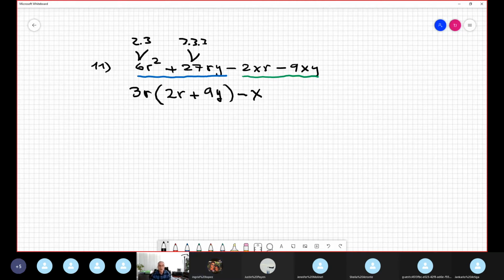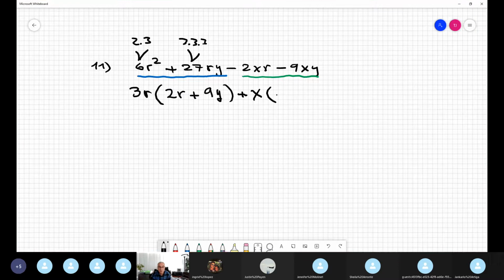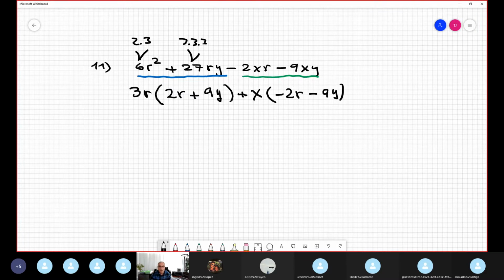Suppose that you factor out, suppose that I don't know, and I factor out positive X. Okay, X. I saw. We have minus 2R minus 9Y. And when you compare this guy and this guy, it's similar, pero completely opposite sign.